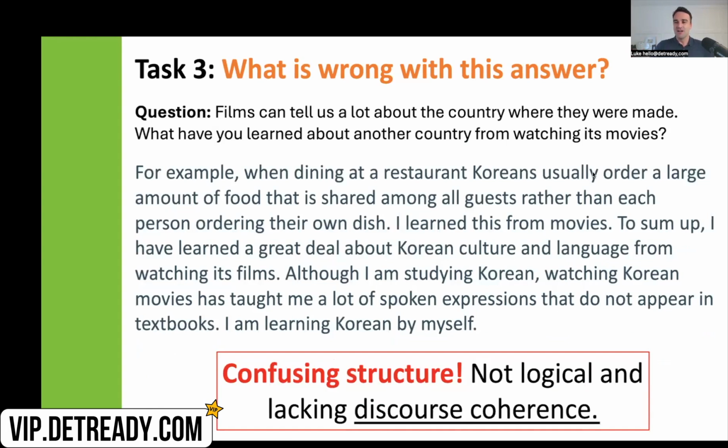There's no logic with how the sentences are combined, so it's lacking in discourse coherence. Even though the sentences grammatically are correct and the vocabulary is correct, no spelling mistakes, and they are related to the same topic, which is about movies, in this case, Korean movies, it still is really confusing to read because it has no logical structure and it lacks discourse coherence.